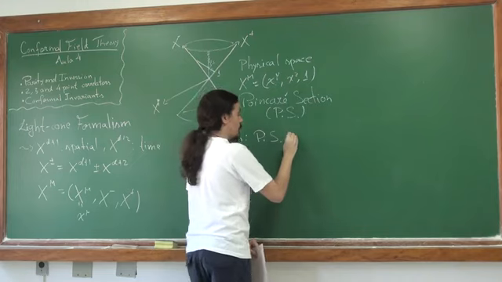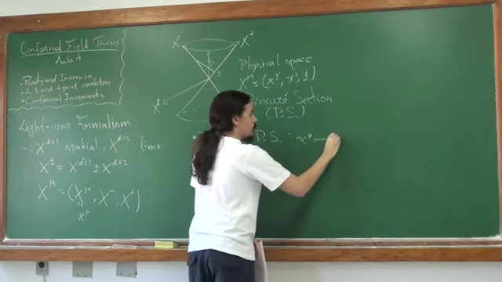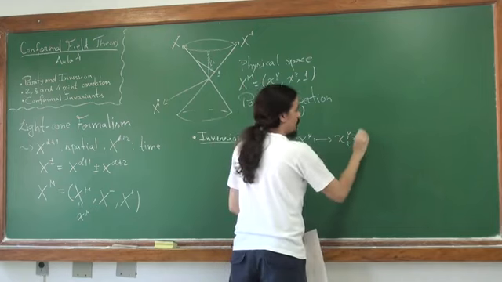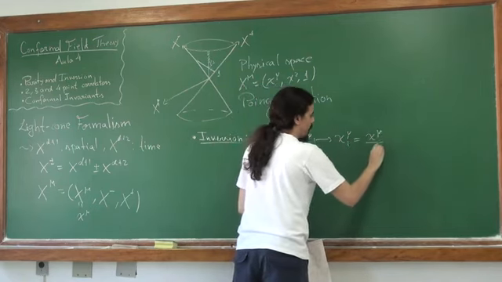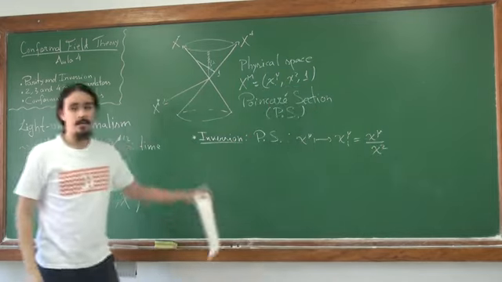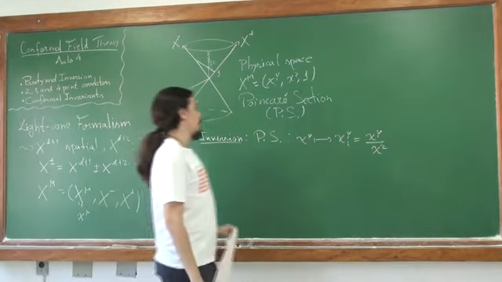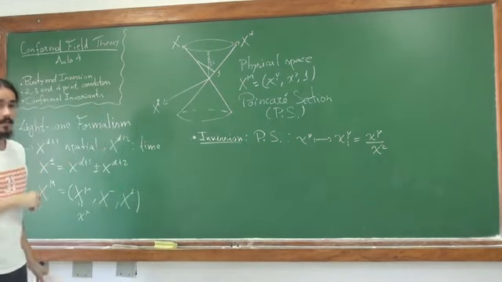Whatever it is, I'll remind you that it takes x mu to x mu prime for inversion. That is simply x mu divided by its modulus squared. This is the inversion discussed in physical space. And we're interested to see how to reproduce this from the embedding space.